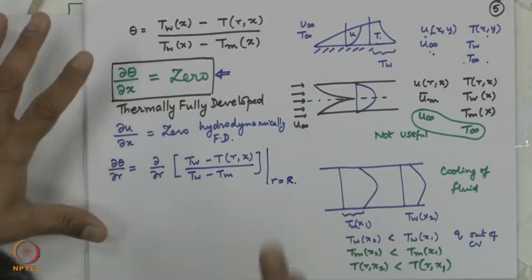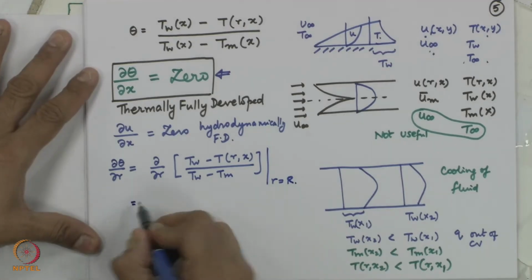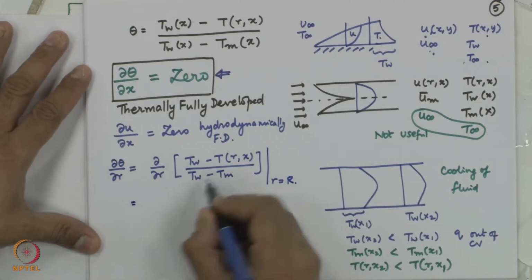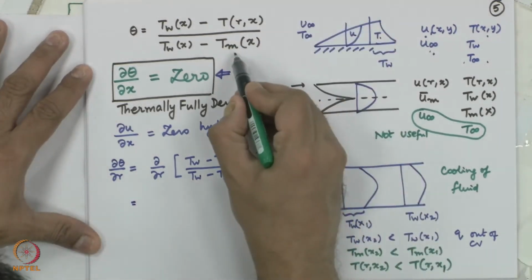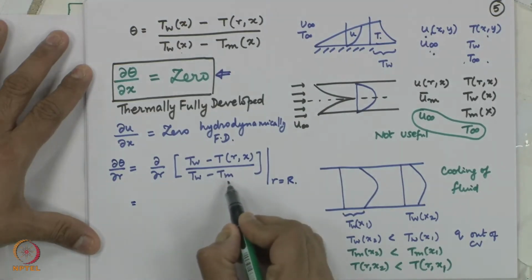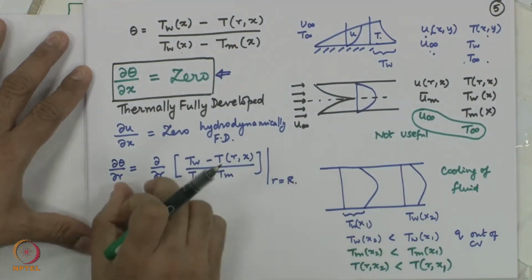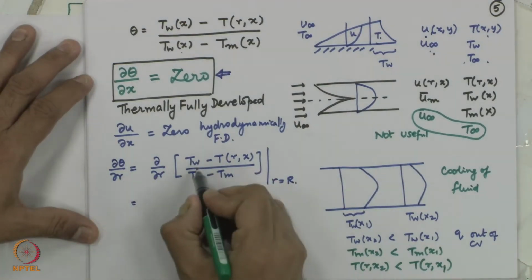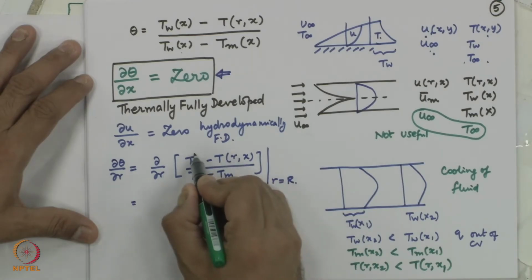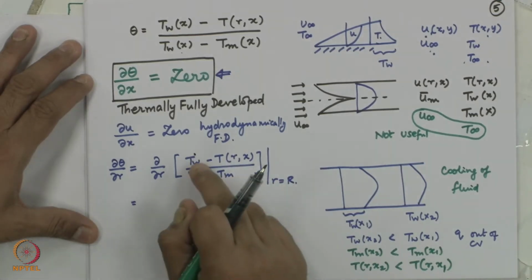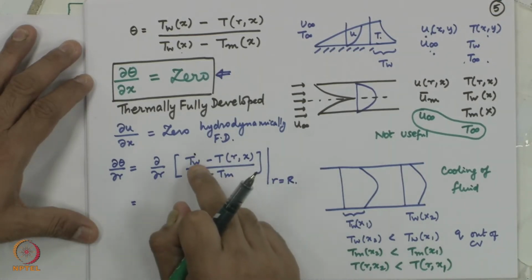We will see in a minute. Look here, T m and T w are only functions of x, so they will come out when I differentiate with respect to r.